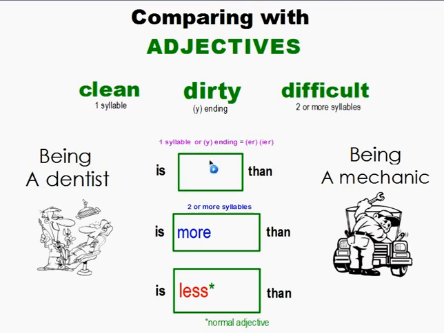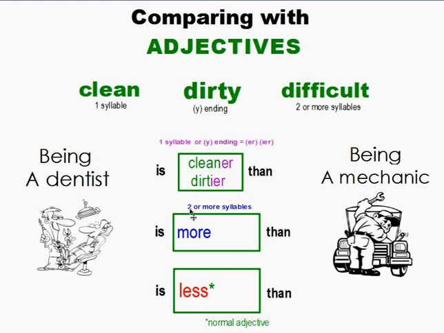So I'm going to say being a dentist is cleaner than being a mechanic. Or, just as an example, being a dentist is dirtier than being a mechanic. I could also say being a mechanic is dirtier than being a dentist, if I believe that to be true. But the idea is that when it's one syllable, I use ER, for example, clean, cleaner, and dirty, because it has a Y ending, I use IER, so dirtier.